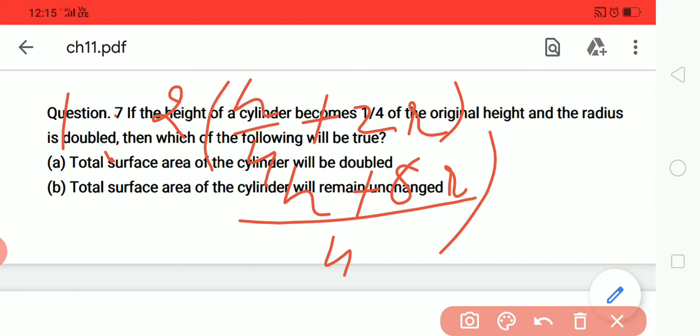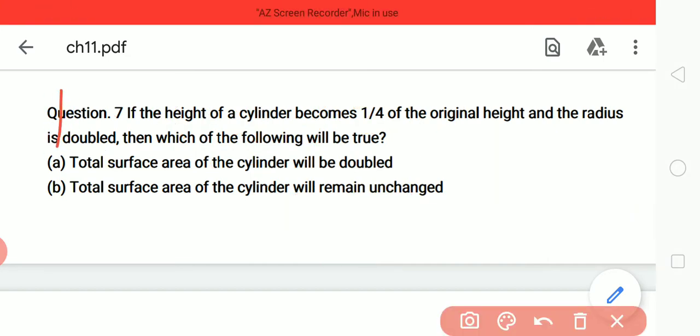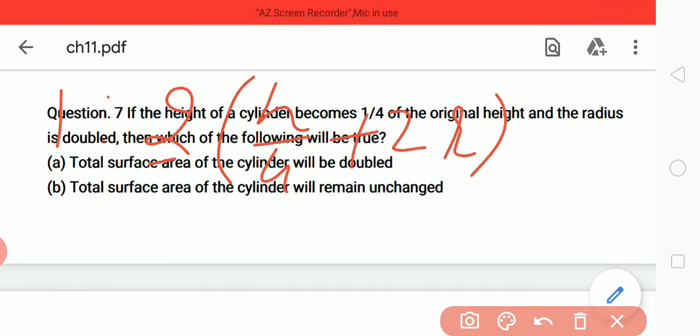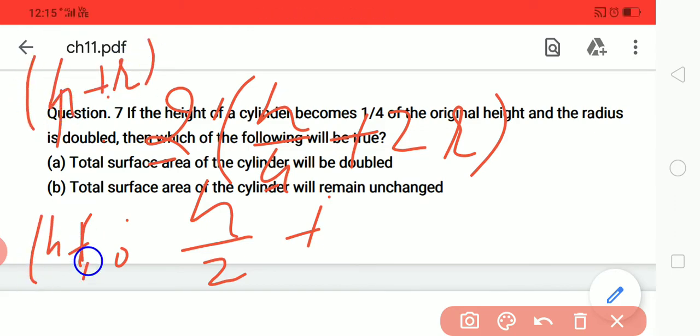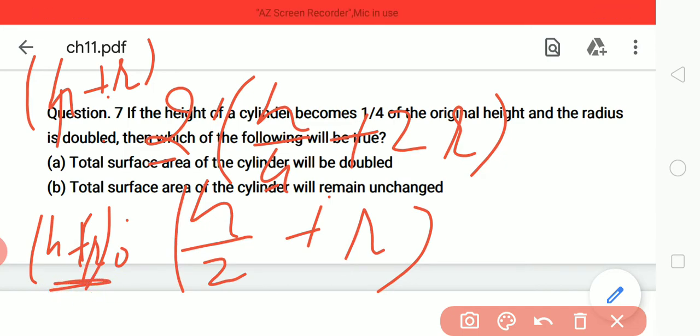Now you can cut this. You can multiply the 2 inside, which is the easier way. Taking 1 ratio, the 2 was outside because r was cut, and what remained was h/4 + 2r. Now multiply 2 inside: you get 2h/4, that is h/2, plus r. So it is h/2 plus r against h plus r, so it will change.